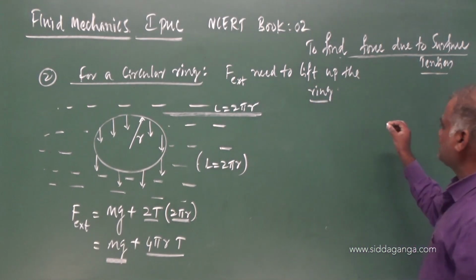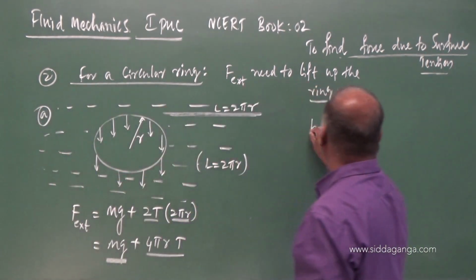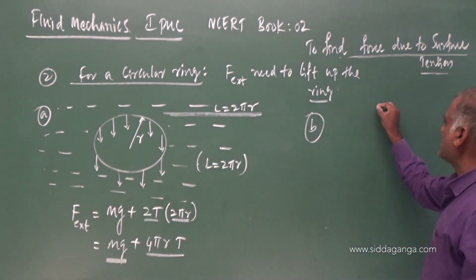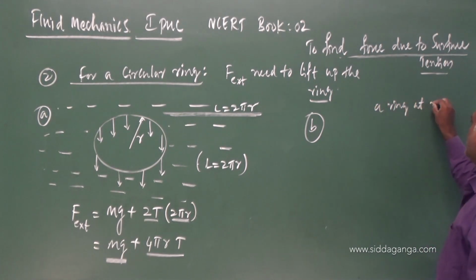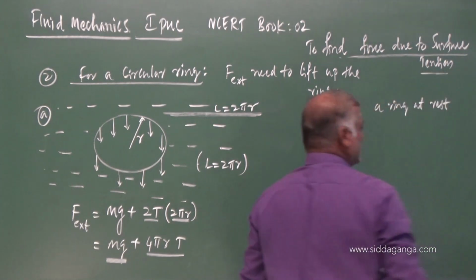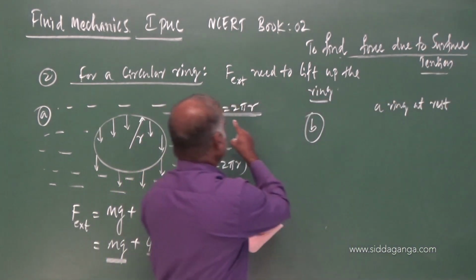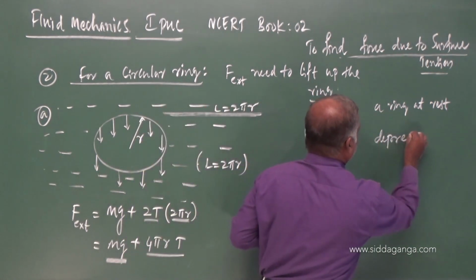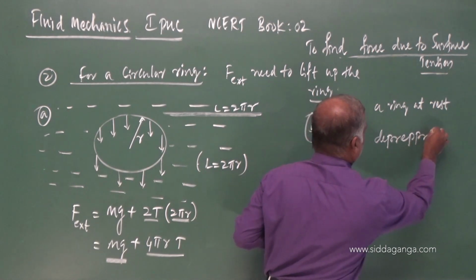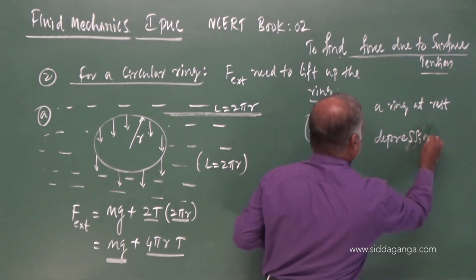Suppose they ask, let us say this is A, my dear students, B, a ring at rest. Again there is a depression you will observe, just as we did in the previous case.